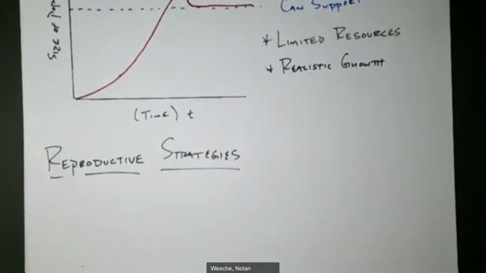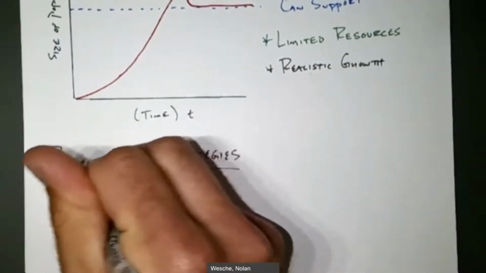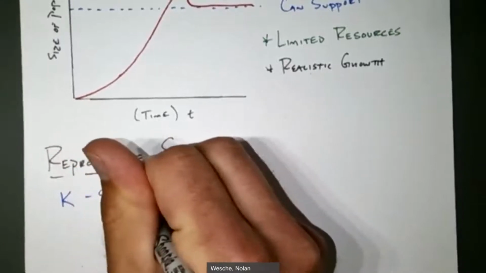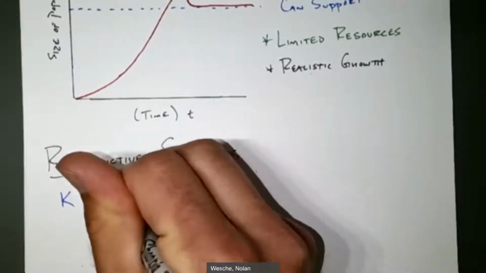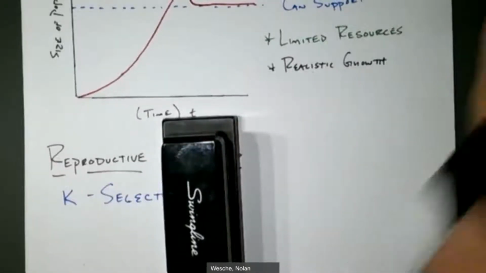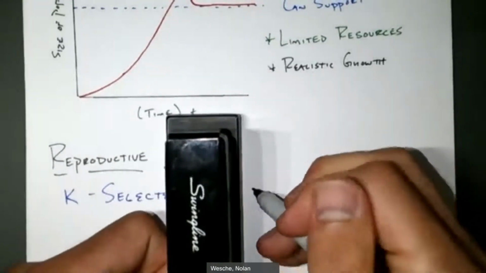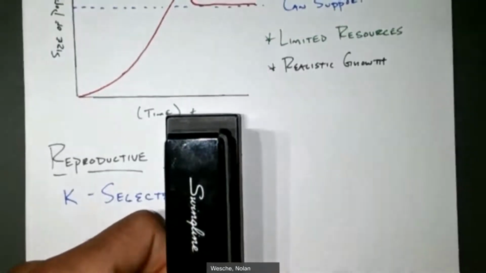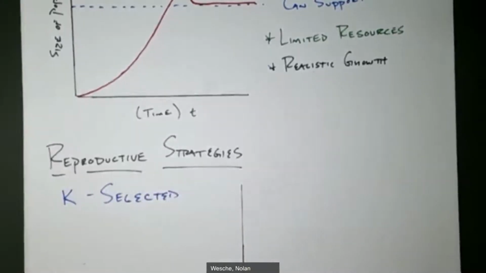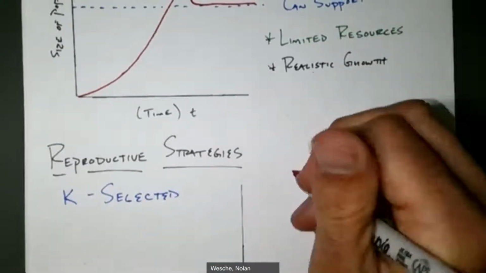So we've got what we call K-selected. And what we'll do is make a kind of a table, we'll bisect this space in half. So we'll have K-selected, and then we'll have R-selected.